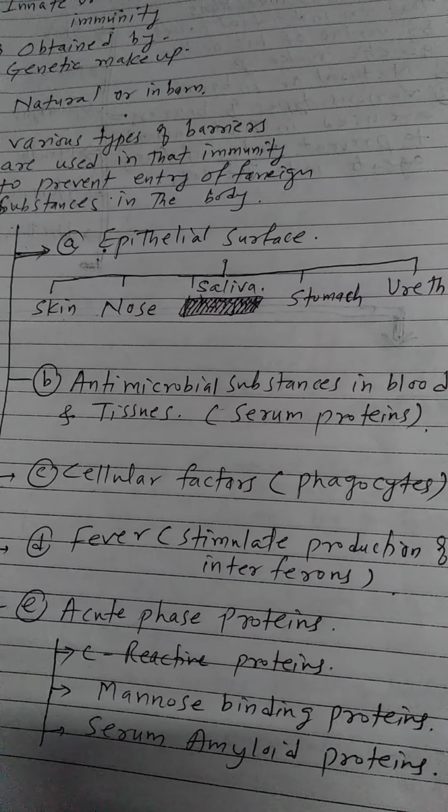These include C-reactive protein, that is CRP, mannose binding proteins, and serum amyloid proteins. These proteins are believed to enhance host resistance, prevent tissue injury, and promote repair of inflammatory lesions.